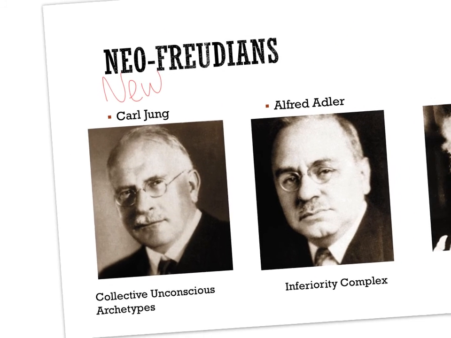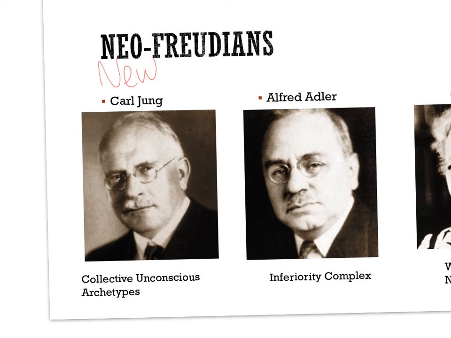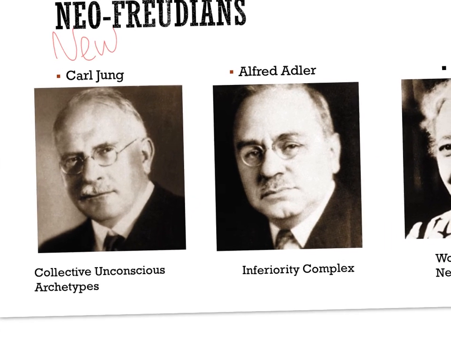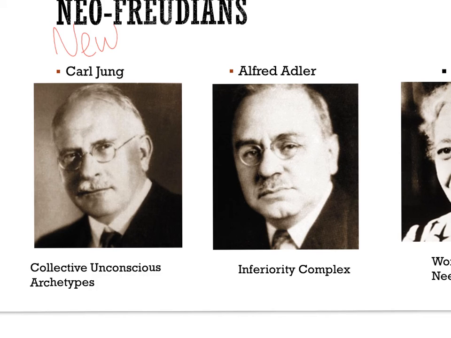When we look at Neo-Freudians, we're looking at this psychoanalytic perspective. So we're looking at something that happened in childhood, something that happened in the past, and it's created the way that you are today. So Carl Jung says, Freud, you're right, we have an unconscious, but Jung differs because he says that all human beings have the exact same unconscious, and he calls it a collective unconscious.